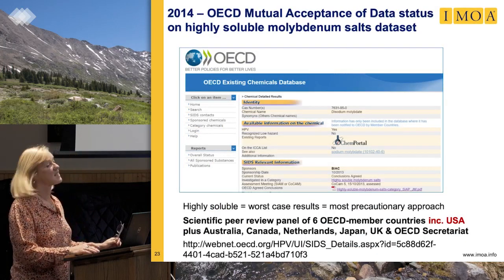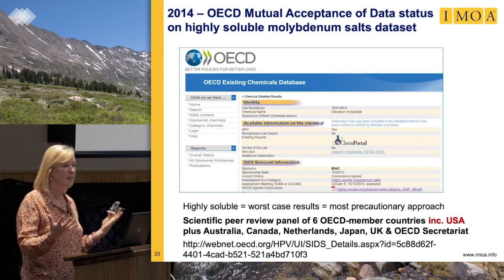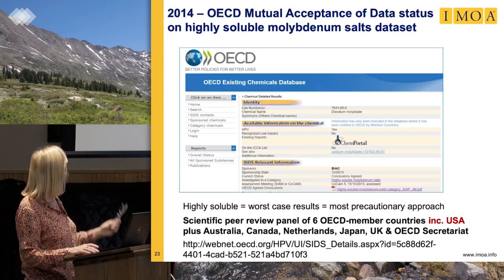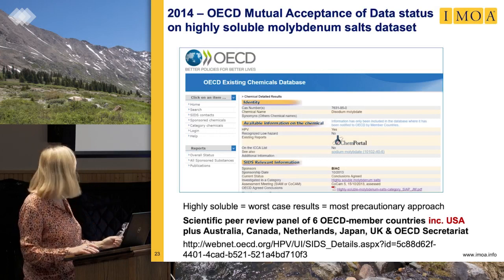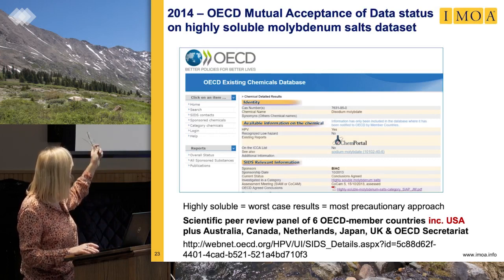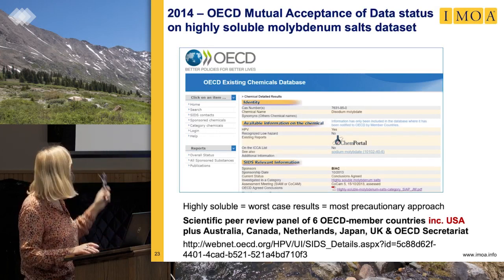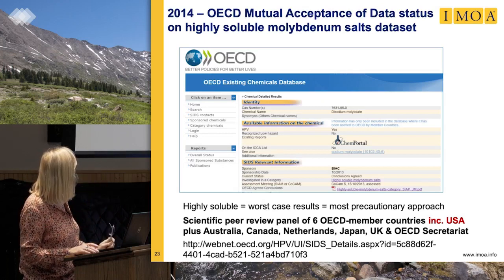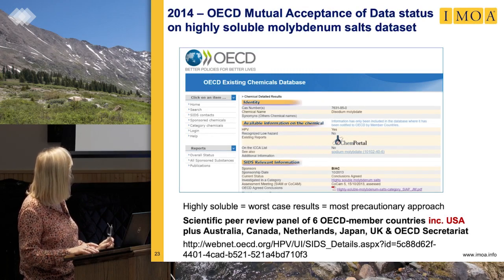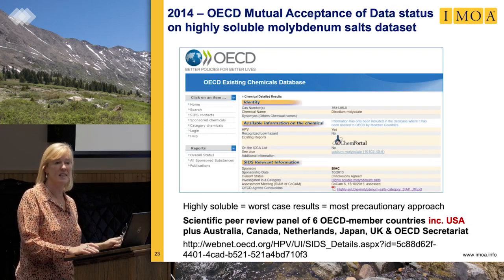And so what does our data set look like? If you're interested, where can I go and get this data set that's being talked about? Well, the OECD has a website. The URL is along the bottom. It's their existing chemicals database, and you can see up there that it's the highly soluble molybdenum salts data set.